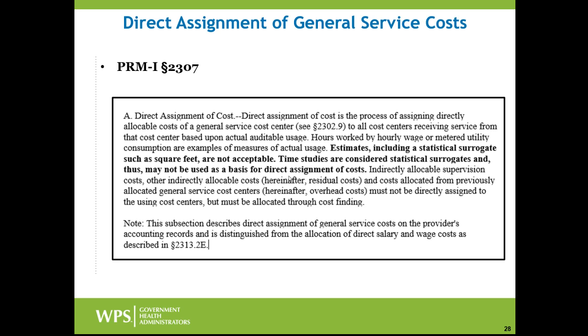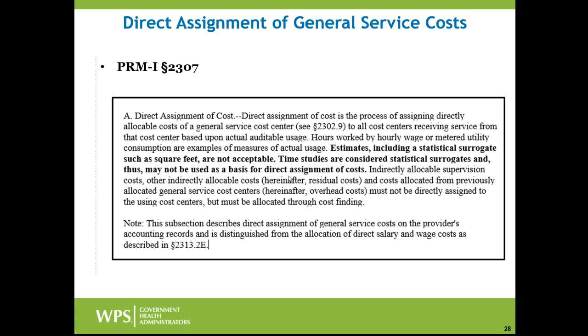Another thing that is commonly overlooked is this discussion about time studies. Time studies in and of themselves are estimates. They're using a certain portion of the year to project or predict or estimate how much of that employee's time would be used throughout the rest of the year. It's not 100% accurate like an ongoing time report would be.